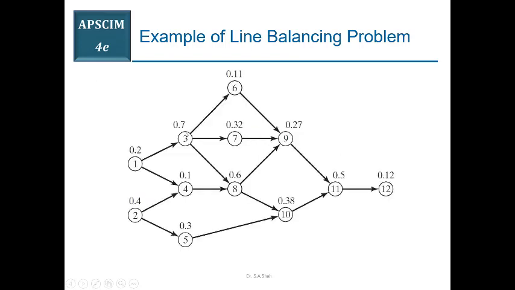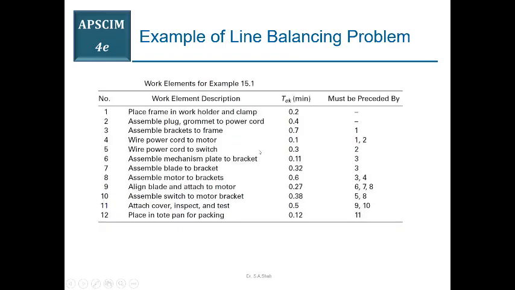So I will make another node with label 3, and its predecessor is 1. So I will simply join work element number 1 to element number 3. Similarly fourth element को अगर आप देखें तो इसका predecessor जो है वो 1 और 2 है.